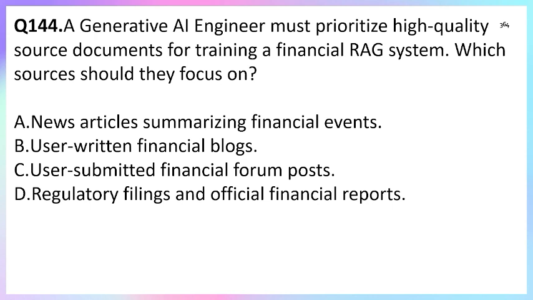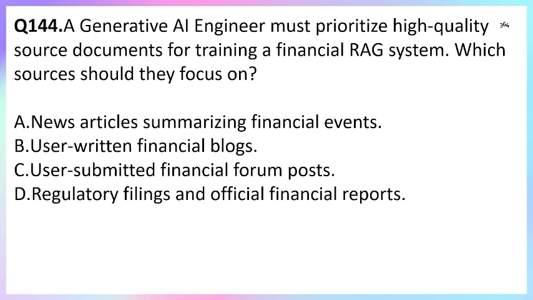Let's evaluate. Option A, news article summarizing financial events: informative, but may include bias, errors, or lack depth. Option B, the financial blog: this is less reliable, subjective, and often opinion-based.